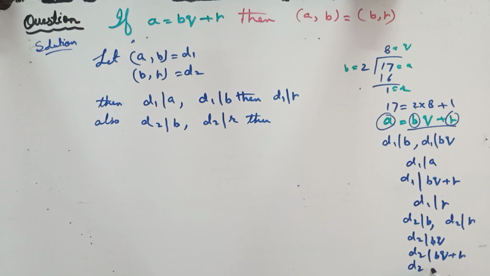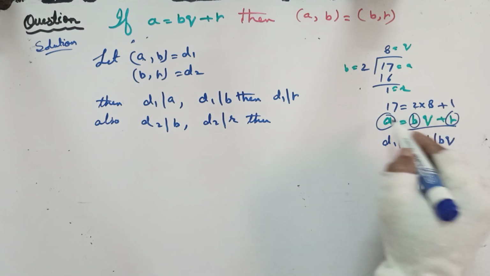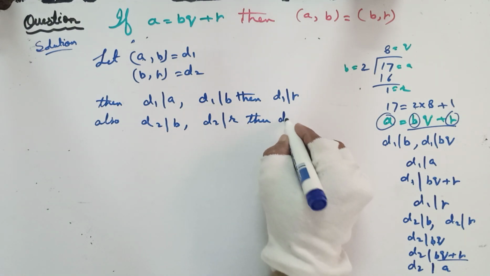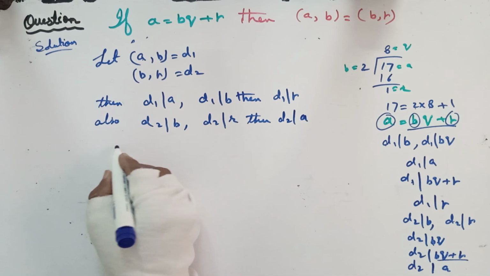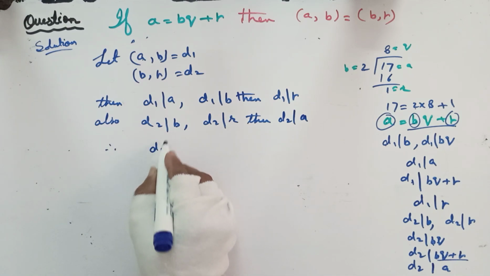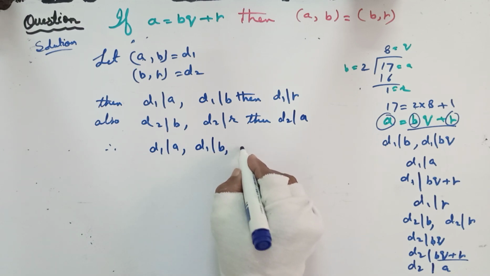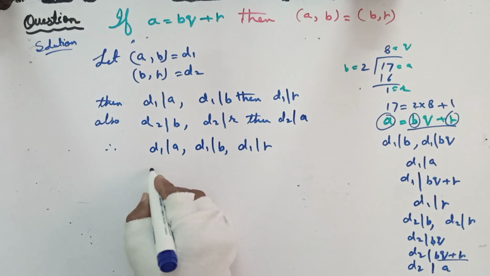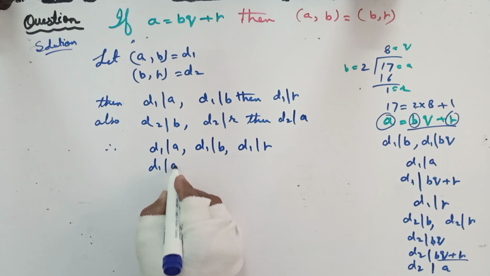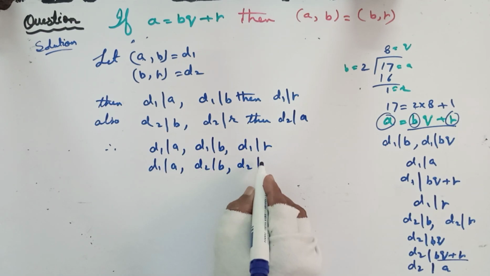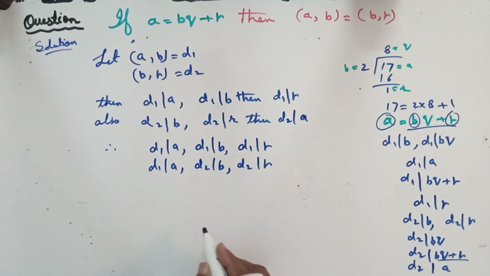So D2 divides A, because this is equal to A. Therefore D1 divides A, B and R, and D2 divides A, B and R.